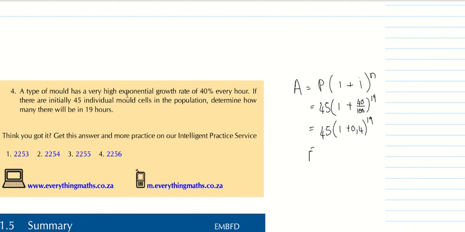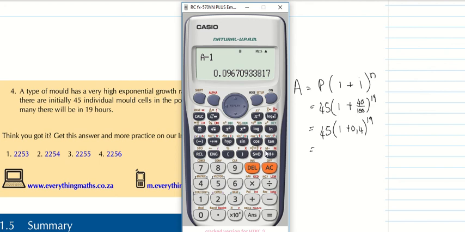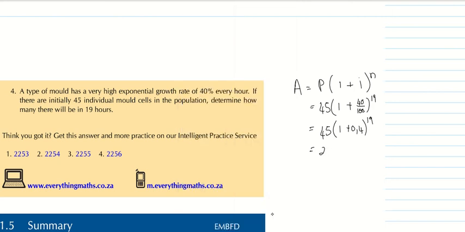You can type that whole thing into your calculator: 45 times, in brackets, 1 plus 40 divided by 100, to the power of 19, and we can conclude that that will be 26,893. 26,893 mold cells will there be in 19 hours.